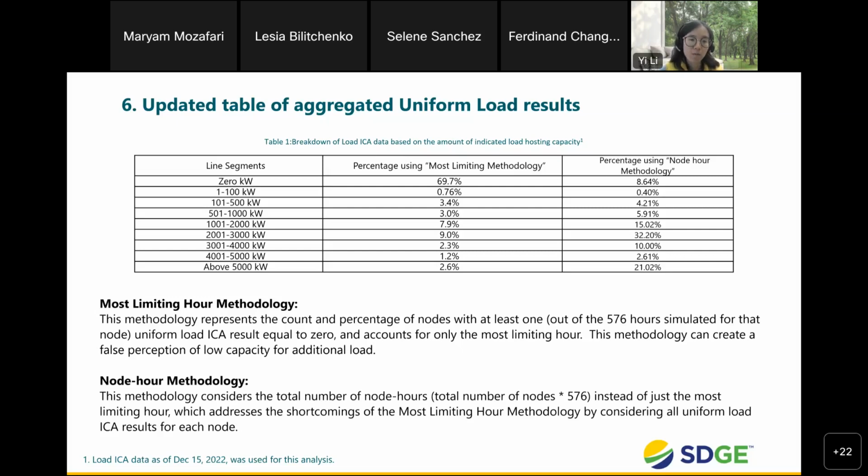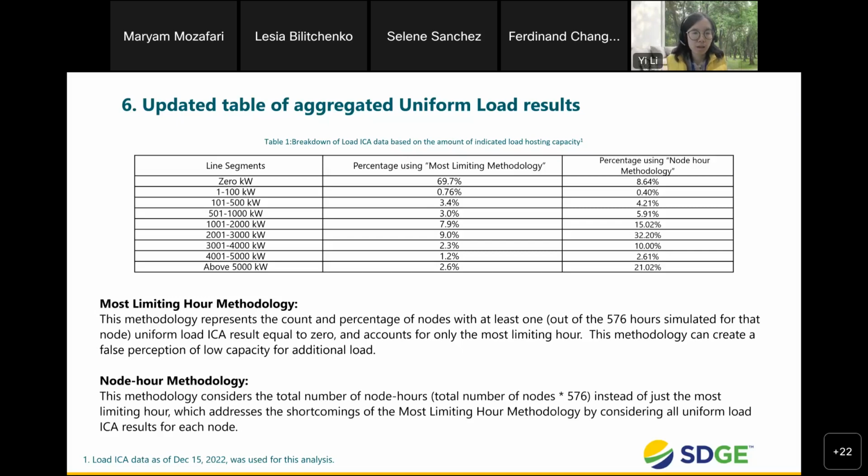As a definition, the most limiting hour methodology, which is in the second column of this table, represents the count and percentage of nodes with at least 1 out of the 576 hours simulated for that node where uniform load ICA results equal 0, and accounts for only the most limiting hour.